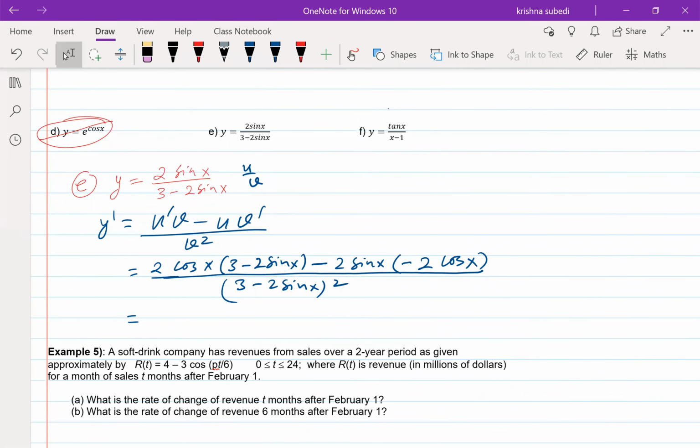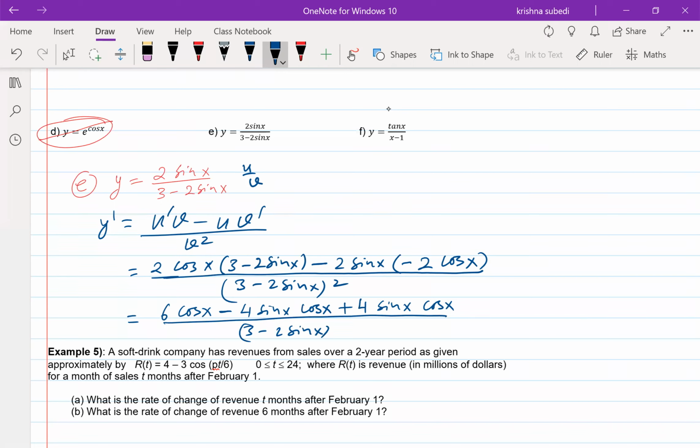Now the high school part, because it looks really ugly, so you may want to simplify it a little bit further to beautify it. Okay, let's try. When you multiply that, you're going to get 6 cosine x minus 4 sine x times cos x, negative negative positive 4 sine x times cos x over 3 minus 2 sine x squared.